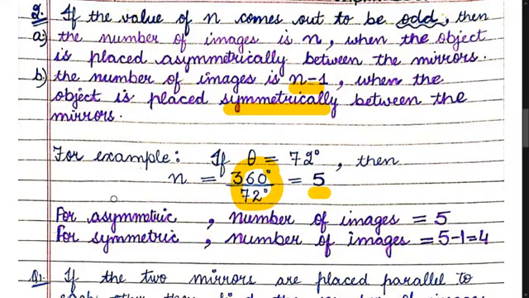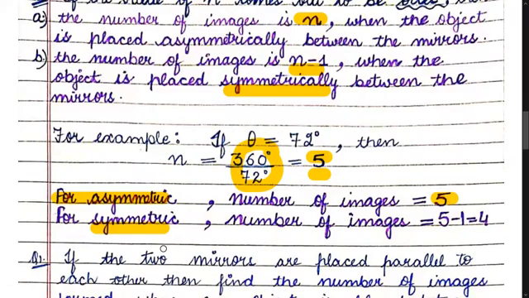So here we'll be having two cases: if the object is placed asymmetrically, then the number of images formed will be n, that is 5. But if the object is placed symmetrically, then the number of images formed will be 5 minus 1, that is 4.